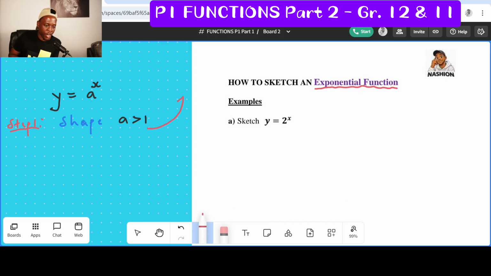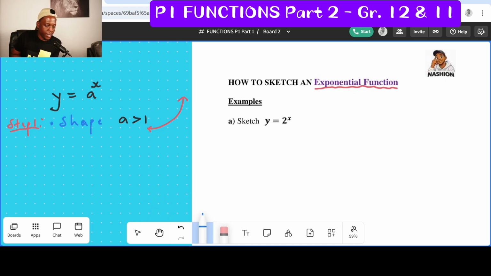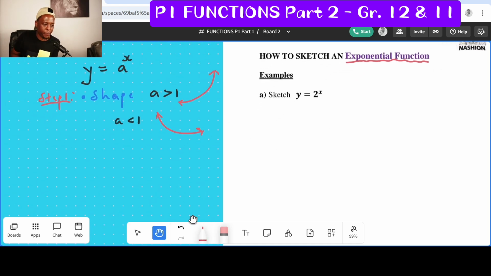So it's going to curve like this, curving upwards. If a is a number which is less than 1, then the exponential function is going to be a decreasing function curving downwards like that.